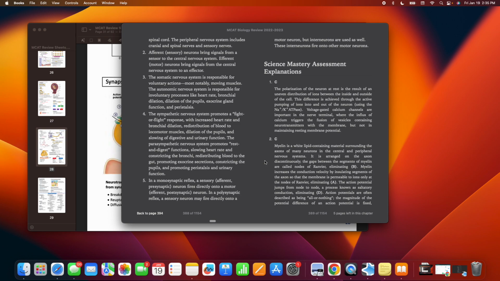The gaps between the segments of myelin are called nodes of Ranvier. Eliminating B, myelin increases the conduction velocity by insulating segments of the axon so that the membrane is permeable to ions only at the nodes of Ranvier.